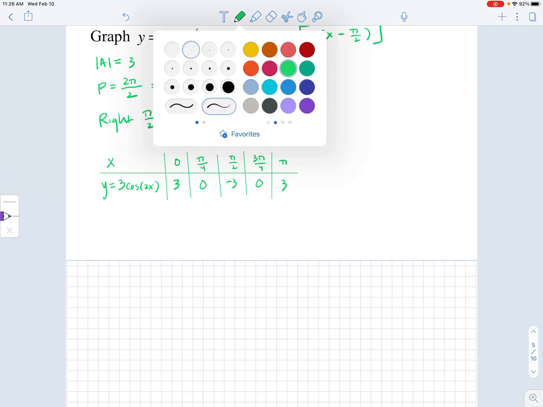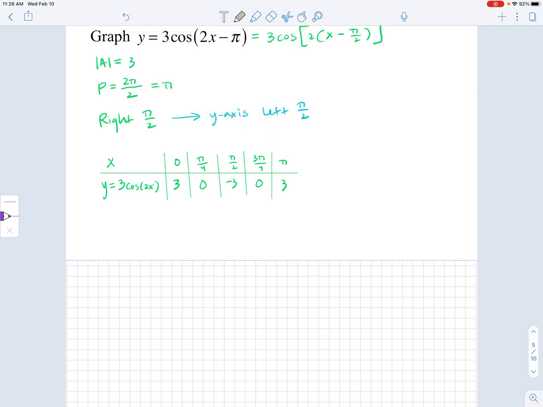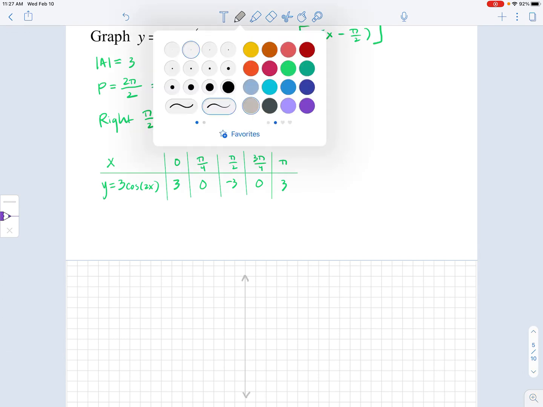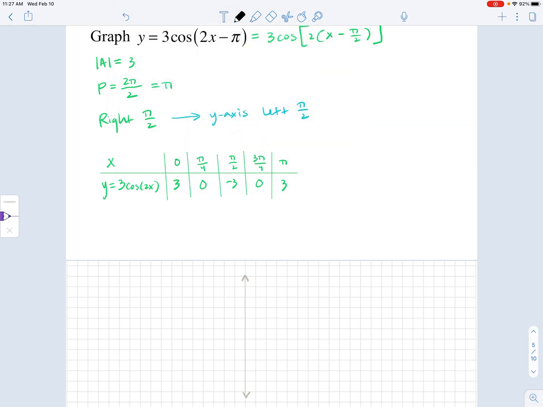Okay, so since I'm going to be shifting the y-axis, I'm going to draw a preliminary y-axis, the y-axis for the non-shifted graph. I'm going to draw that in gray. You could draw it dashed, however you want, but that's not my final y-axis.